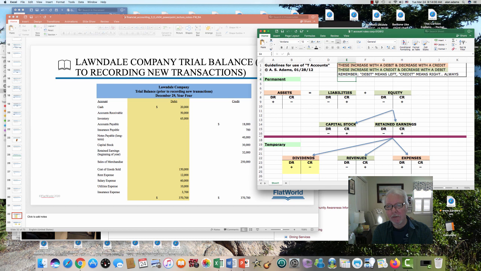So we would expect that liabilities would have a credit balance on the right side when you add up all of the ins and outs, okay? Same with revenues. Assets, on the other hand, or expenses, we would usually expect to see a debit balance there, okay?